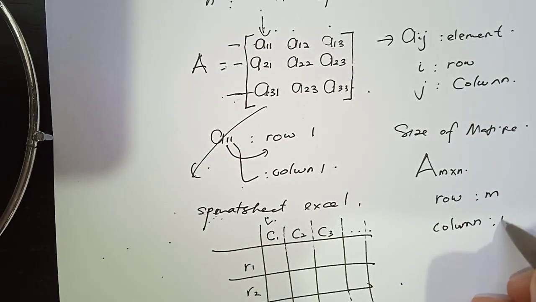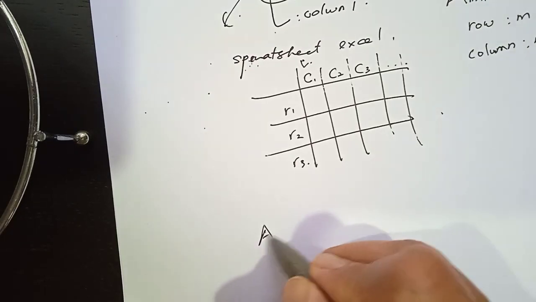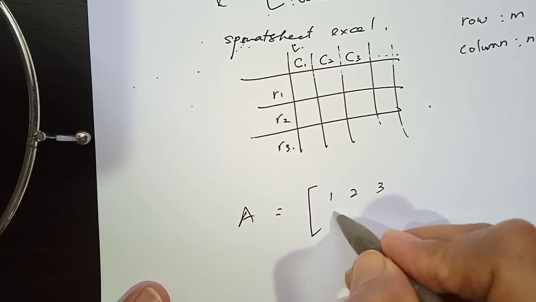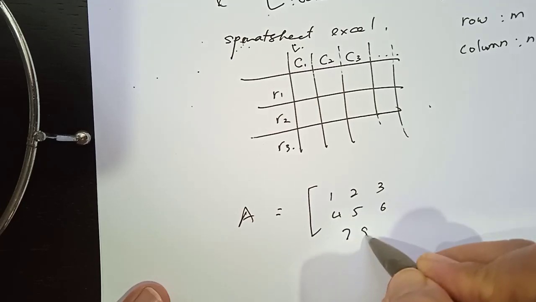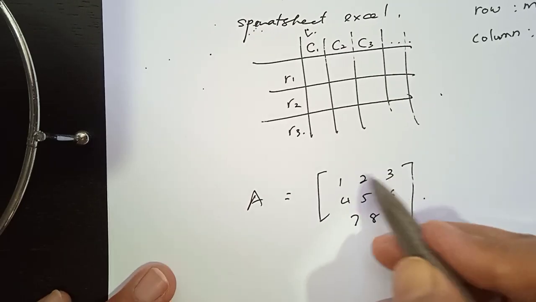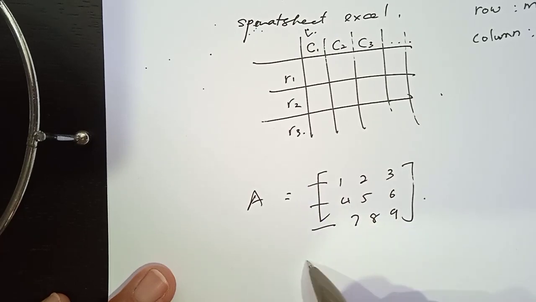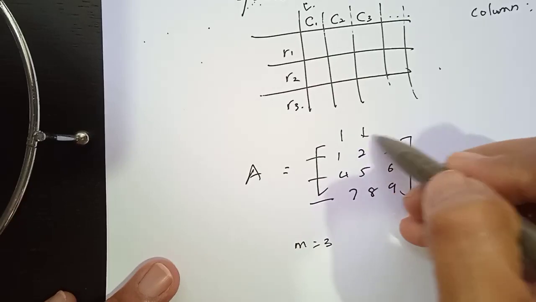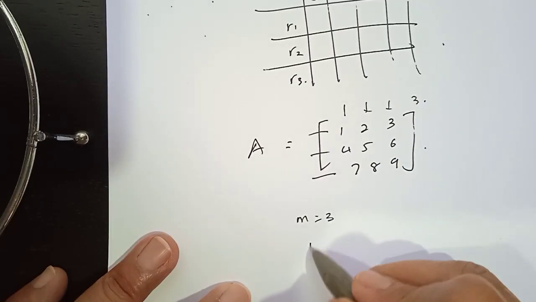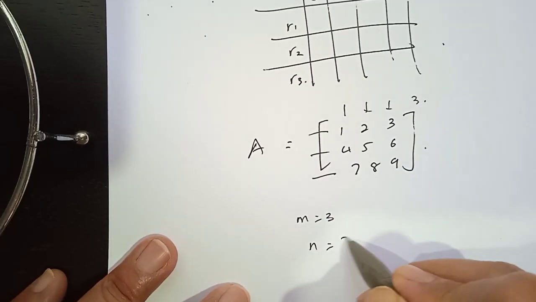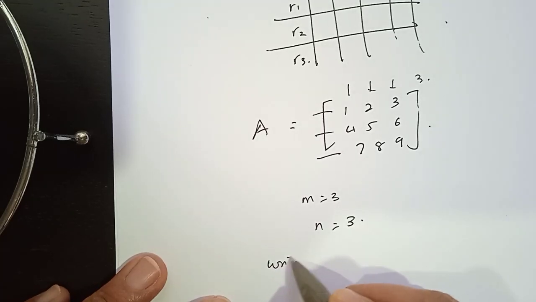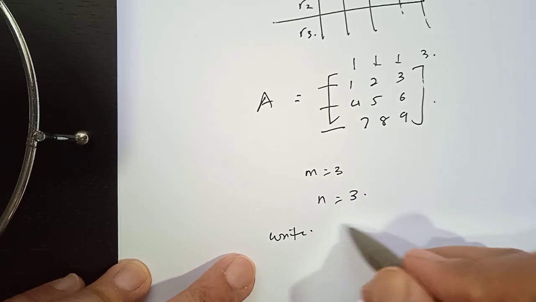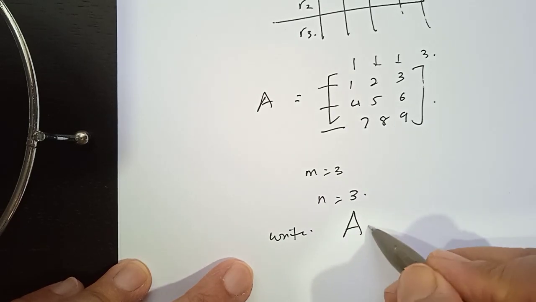For example, A is given by 1, 2, 3, 4, 5, 6, 7, 8, 9. Number of row here is 1, 2, 3, so m is 3, and number of column here is also 3, so n is 3. So we write the order of a matrix as A 3 times 3.